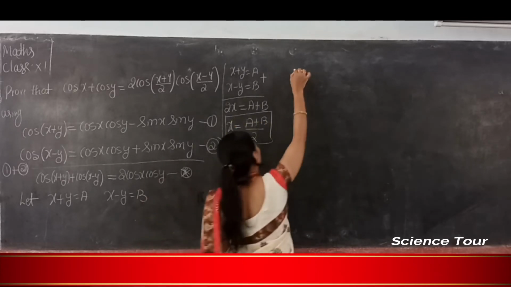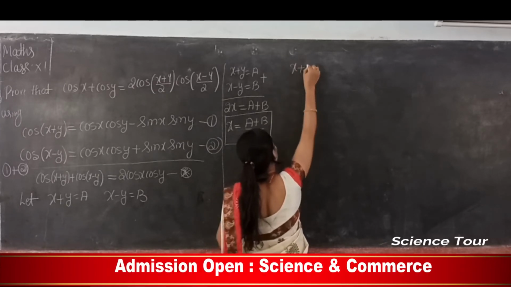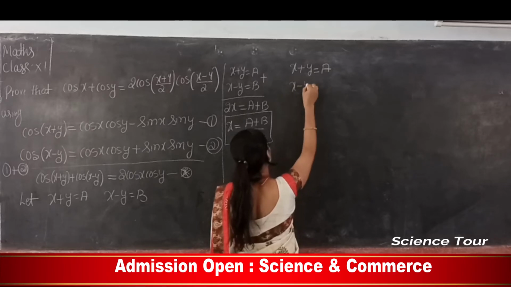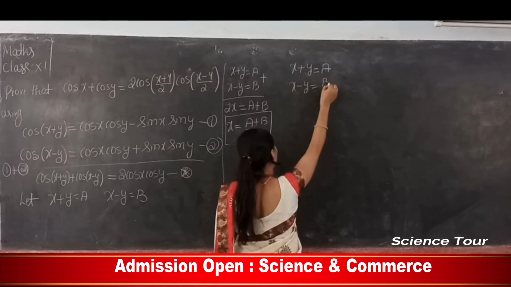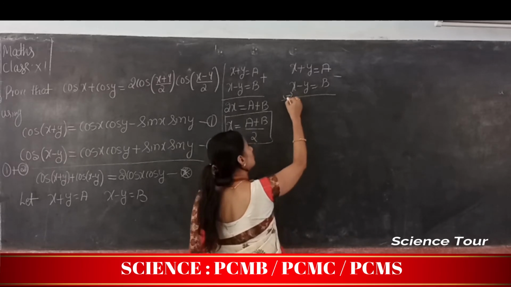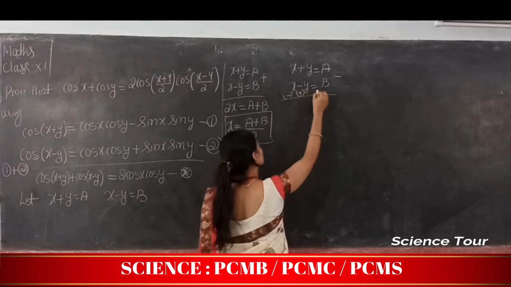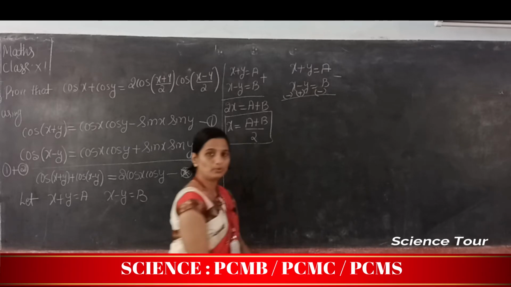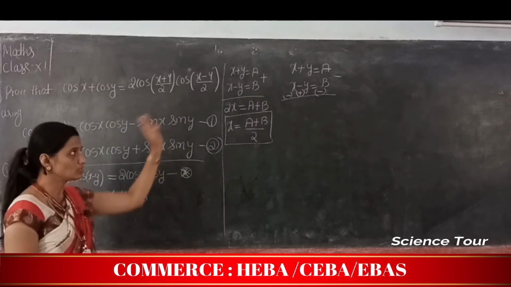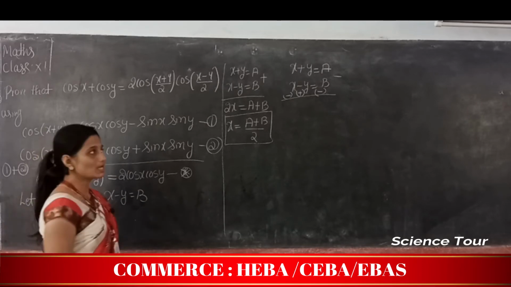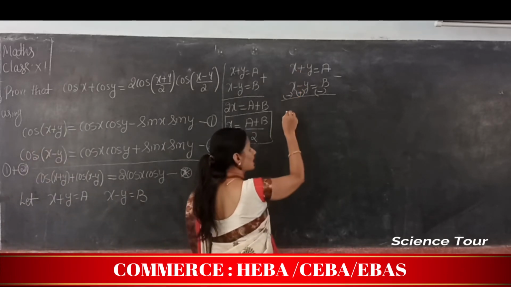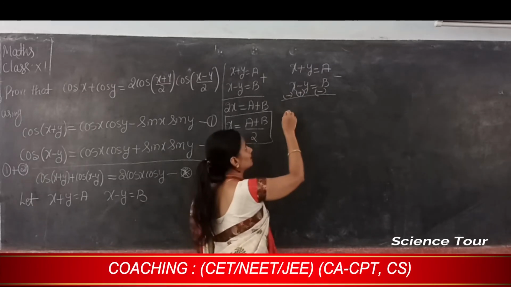Now next I did subtraction: x plus y is equal to a and x minus y is equal to b. Subtraction means change the sign, minus plus minus, clear no? Now the answer here: x minus x cancels, answer is 0, that I am not writing.